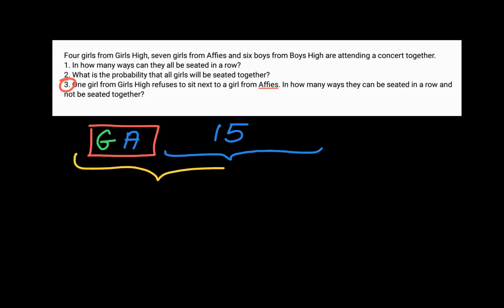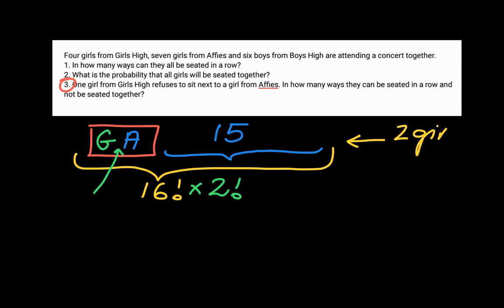So if these two girls have to always sit together, then I'm moving 16 different objects. But here we've got our but. The two girls are different, so inside the brick I have 2 factorial options also. This represents the event that the two girls are always together.